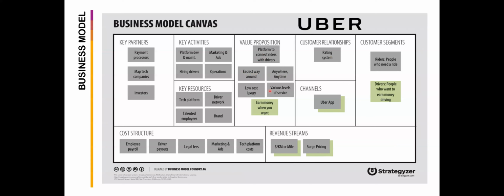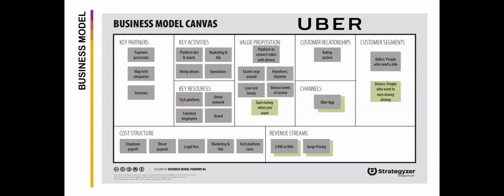Now, to deliver this value proposition, they partnered with payment processors, map technology companies, and financial investors. The activities would be platform development and maintenance, maintaining the Uber app itself, marketing and ads. They also have the hiring process for the drivers, and also the main operations or the back end operations.